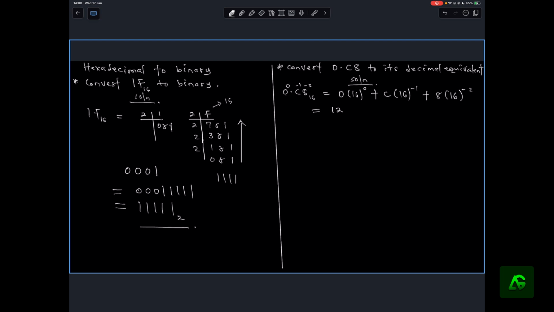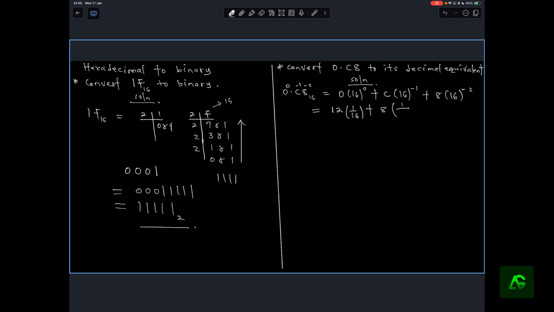And 16 to the power of -1 is 1 upon 16. Plus here we have 8. 16 to the power of -2 is 1 upon 16 to the power of 2, and 16 to the power of 2 is 256.